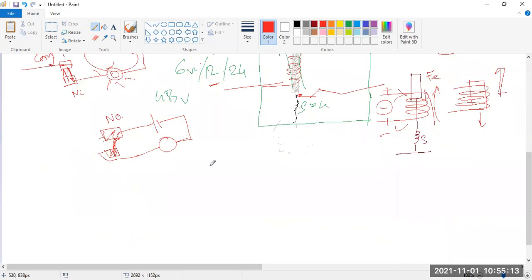Okay, it is touching. So what happens then? This bulb, say bulb B, will glow. Here bulb A is glowing and here bulb B is glowing. So I am going to draw these things. This is common, relay, this is NO and this is NC.